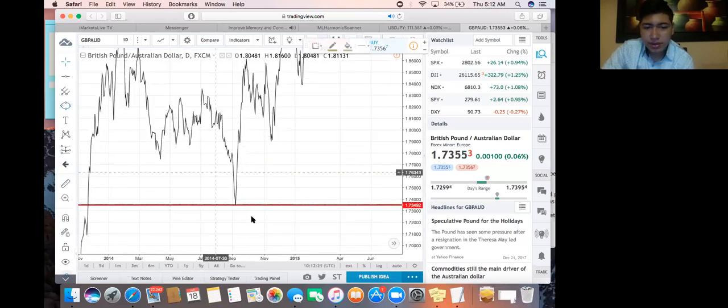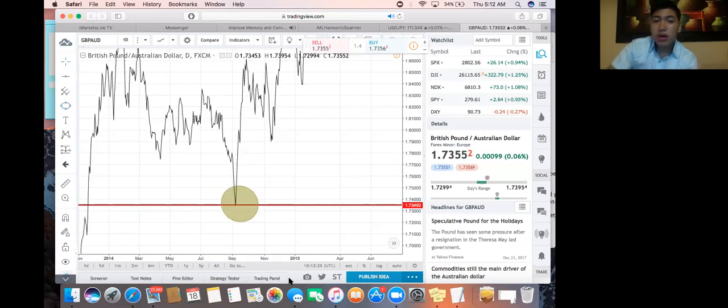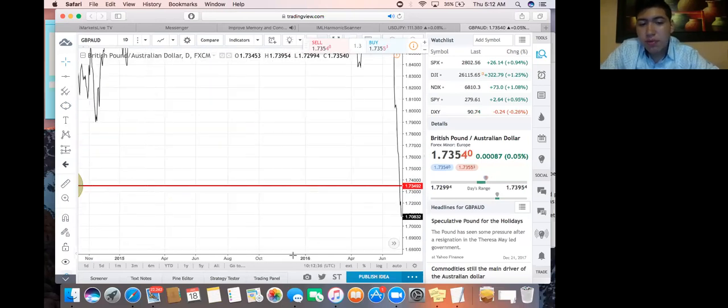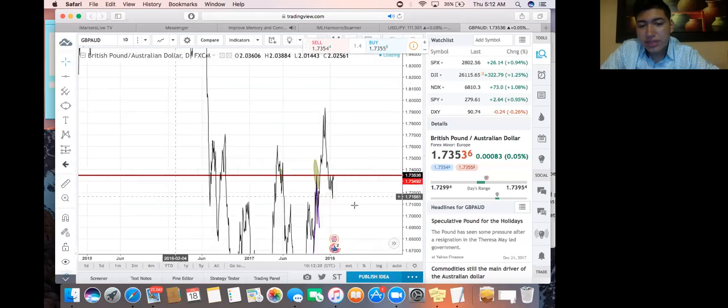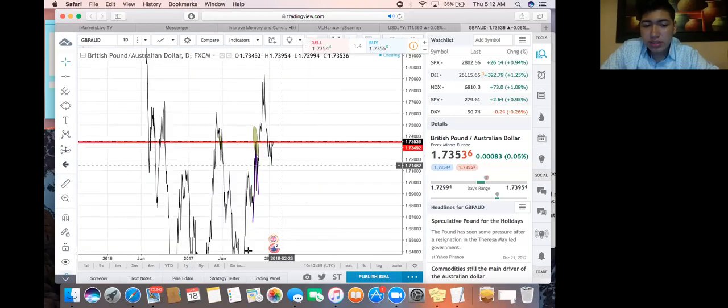I draw right here. This same resistance level 4 years ago was a what? In September of 2014, it was a support. So 4 years ago, this level was a support, and today, a couple weeks ago, it was a what? A resistance level. Guys, the market repeats itself.